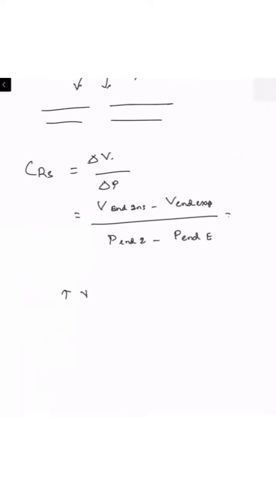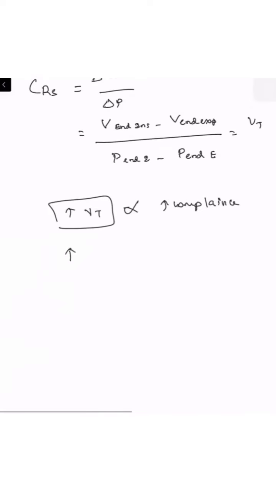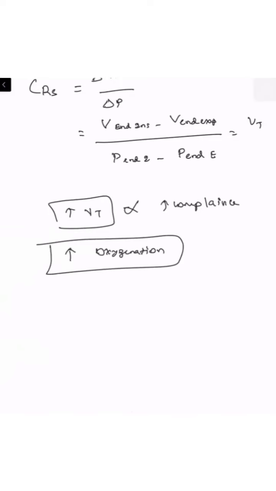In this formula, the difference between end inspiratory and end expiratory volume is nothing but the tidal volume. So increasing the lung compliance increases the tidal volume, which increases the oxygenation of tissue. This is helpful in the correction of hypoxia.